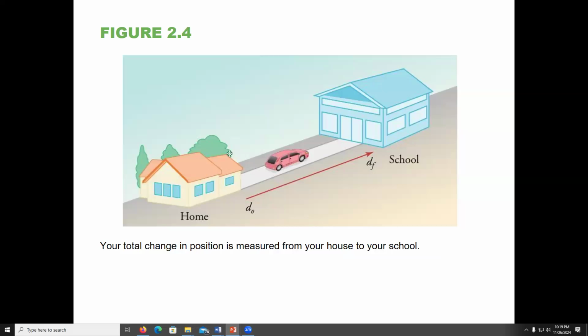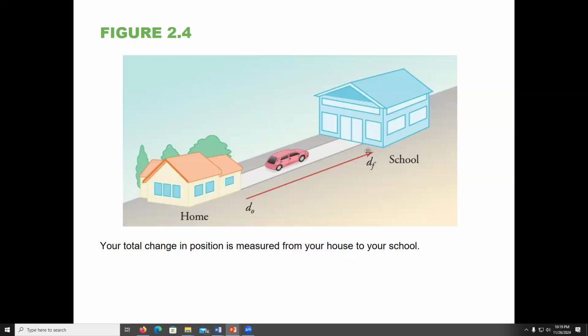The displacement is the final position minus the initial position.